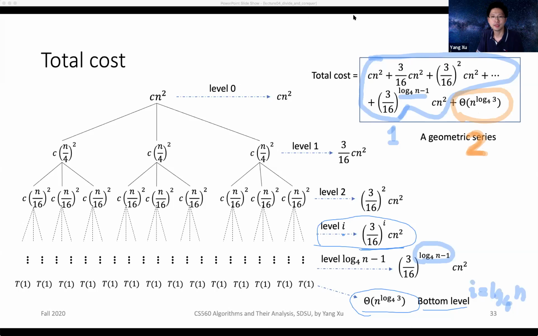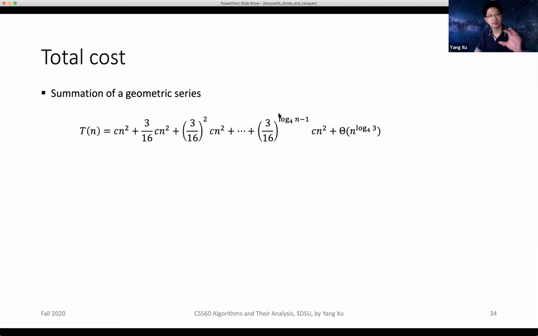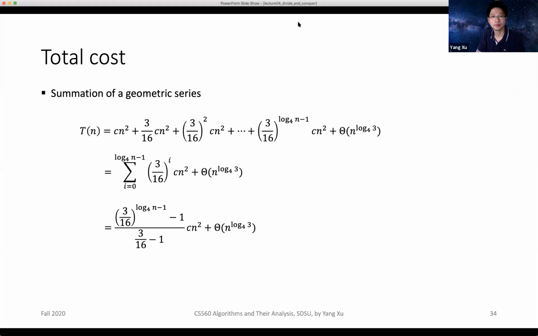Now we simply use some mathematical knowledge about geometric series in computing the total summation. The summation of a geometric series can be described by the formula here. Because we know i ranges from 0 to this quantity, we just follow the formula and obtain the summation for this geometric series.